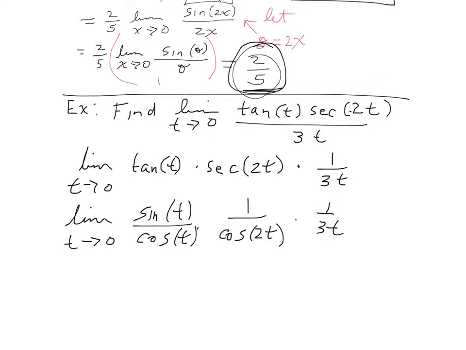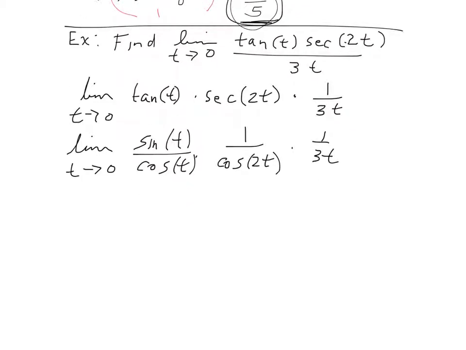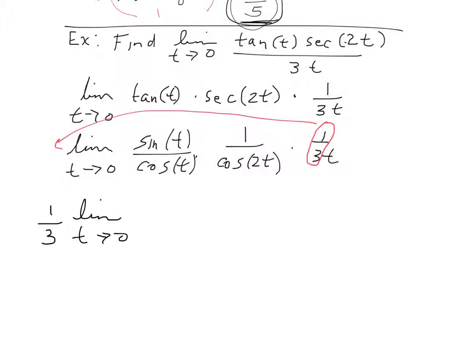All right, now, I said earlier, whenever you have numbers, throw them out front. Okay, so I'm going to have 1/3, my limit as t approaches 0. I'm going to take this, because these are all being multiplied, and I'm going to put it over t.